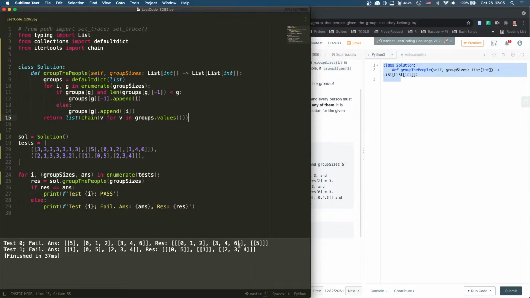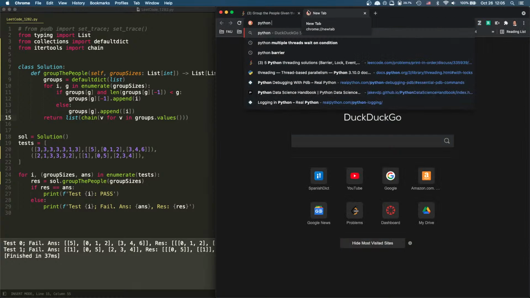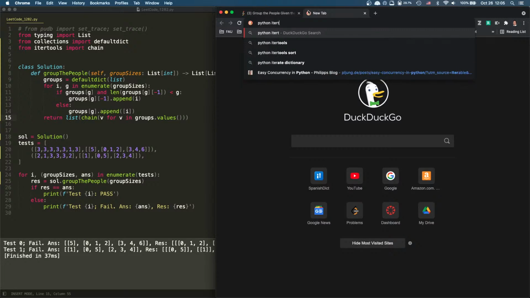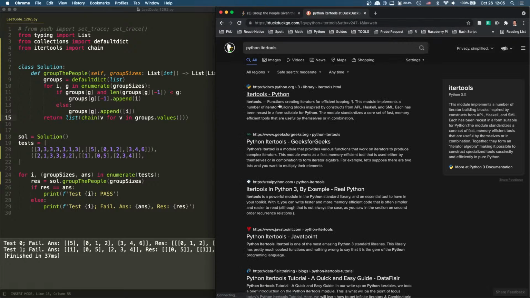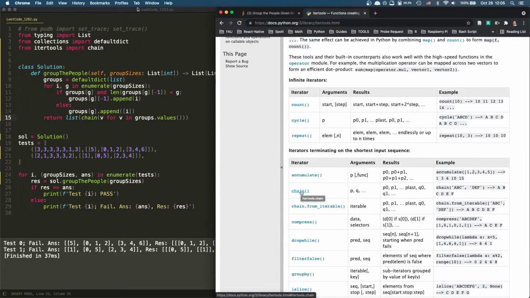So when I chain, what happened when I chain? I'm chaining this and this. How does chain work? I'm just curious. I never really understood chain. This and this will return this.